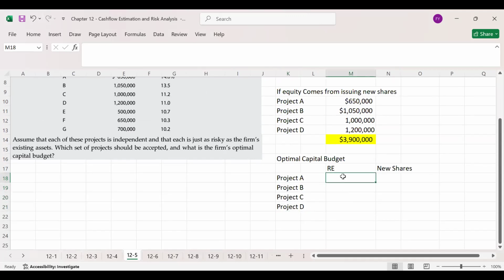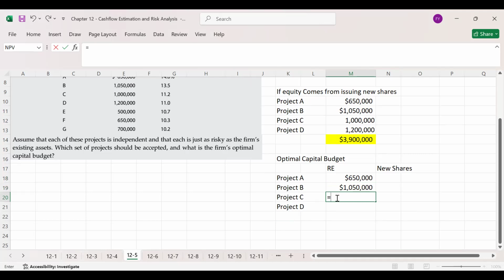Now, the company should use retained earning to fully finance project A, which is 650, then project B, which is 1050, and then in case of project C, the company has only 2.5 million in case of retained earning. So you can calculate the remaining amount.